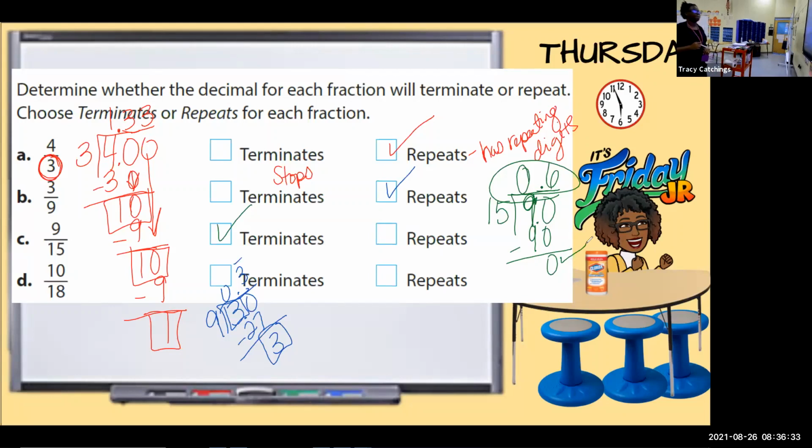All right, 10/18. Who tried it? What did you get? Repeat. All right, I'm trying to squeeze it in. 10 divided by 18. 0. How many 18s go into 100? About 5.